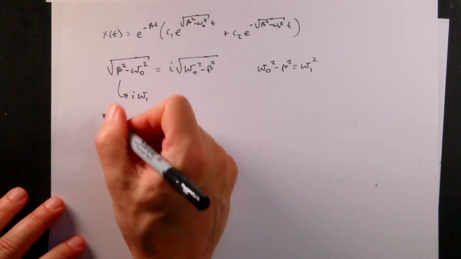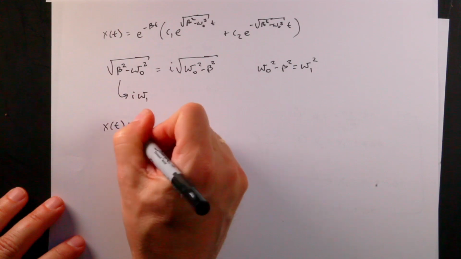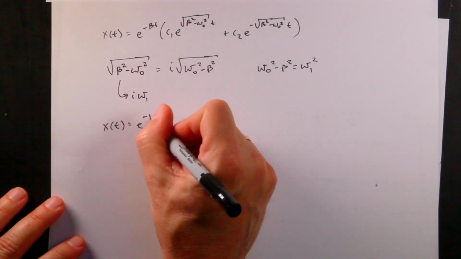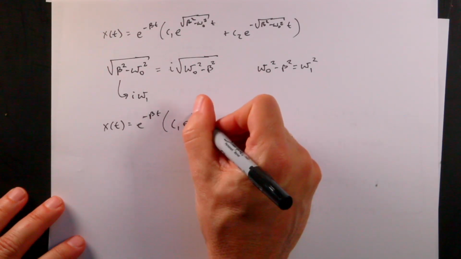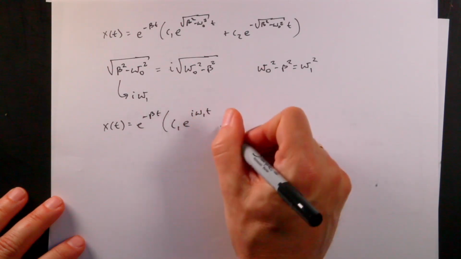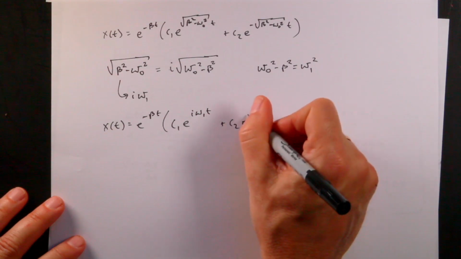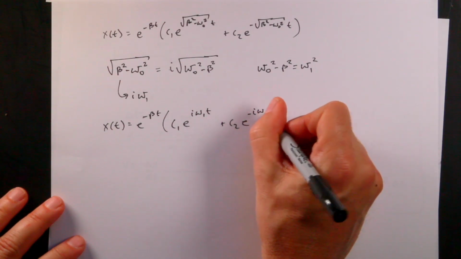And now I can rewrite my whole thing. x as a function of t equals e to the negative beta t times c1 e to the i omega 1 t plus c2 e to the minus i omega 1 t.